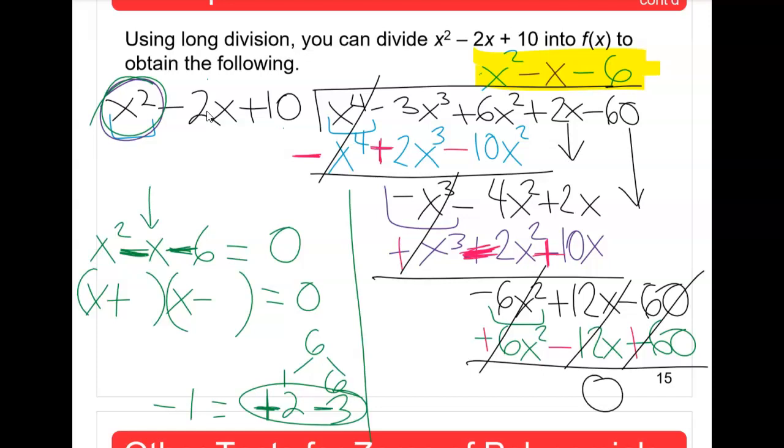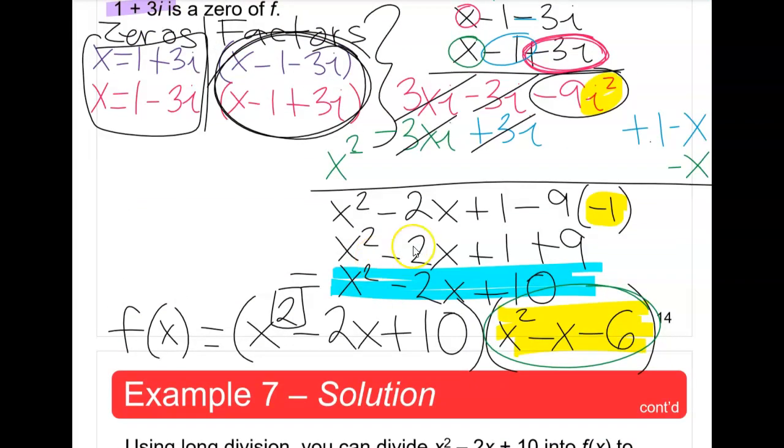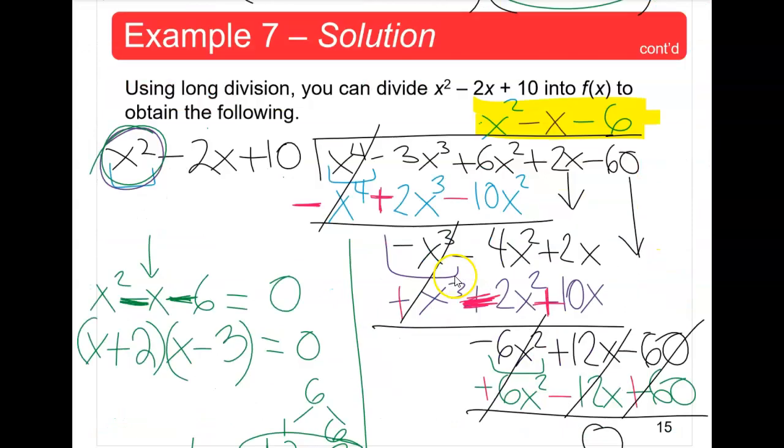So our factors will be x plus 2 and x minus 3. So just to finish this up, if we have the factors here, x plus 2 and then x minus 3, that means that the zeros that we will get will be, and I just need to verify quickly.